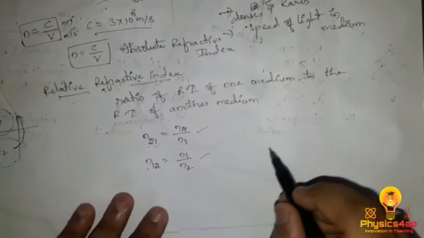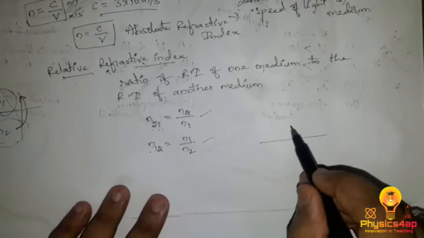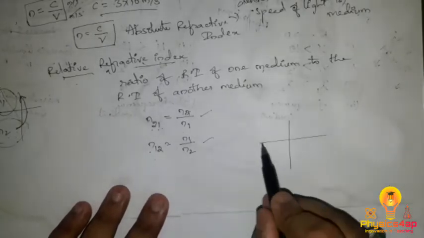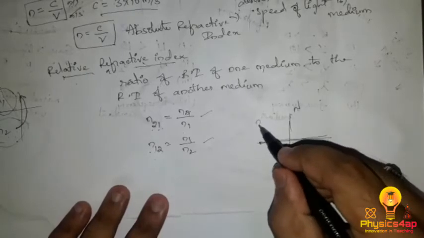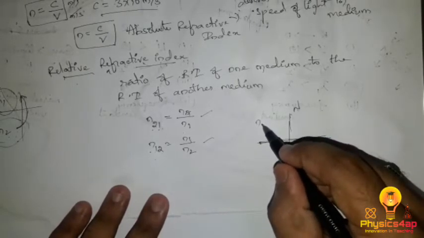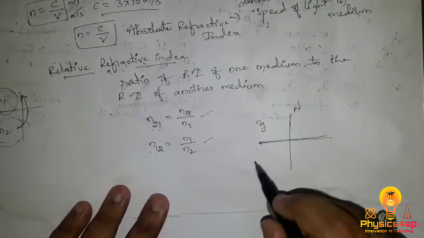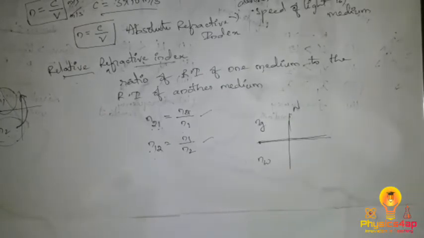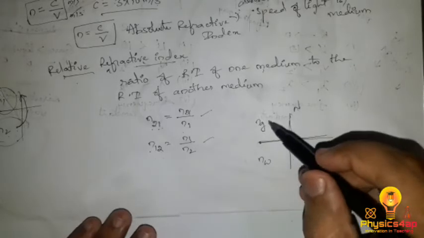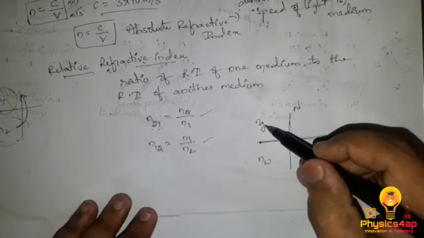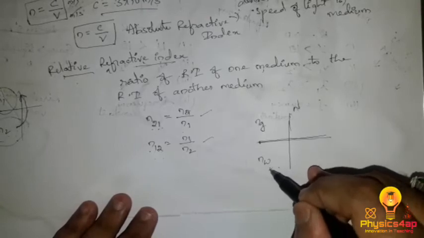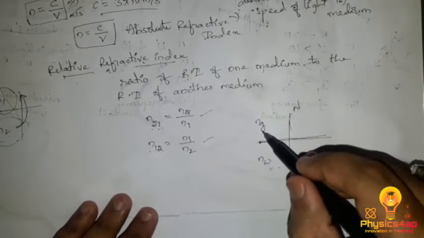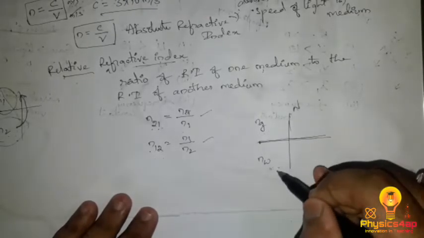For example, I have an example over here. This is the surface and this is the normal n. This is the refractive index of glass, Ng, and this is the refractive index of water, Nw. Now I need to find out the relative refractive index of glass with respect to water.